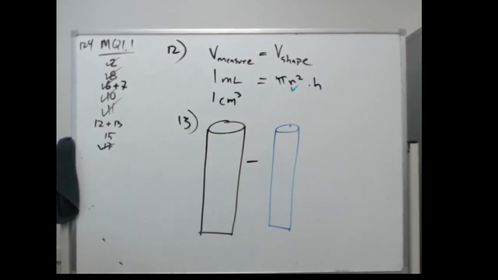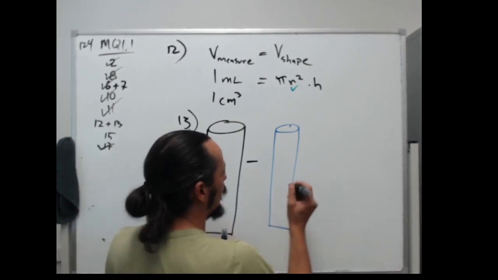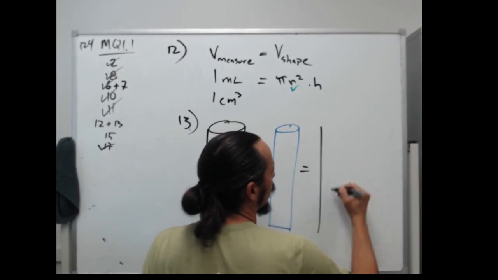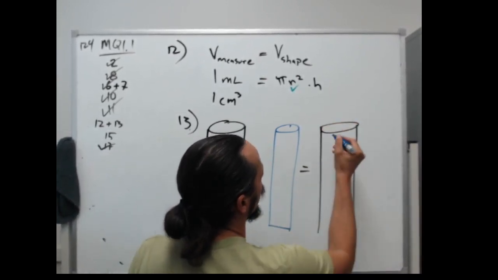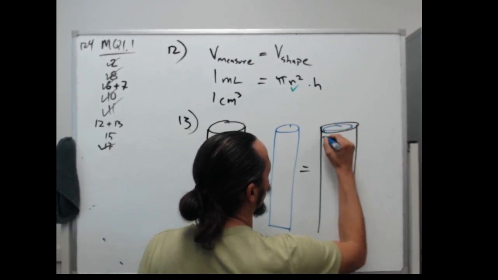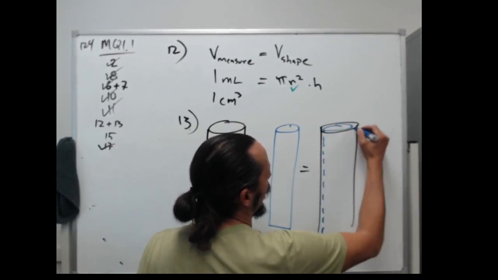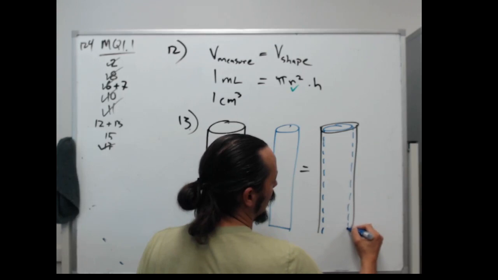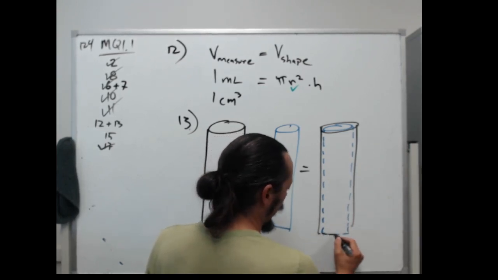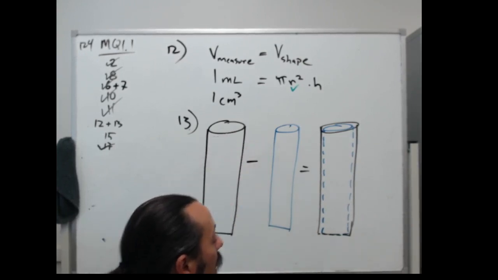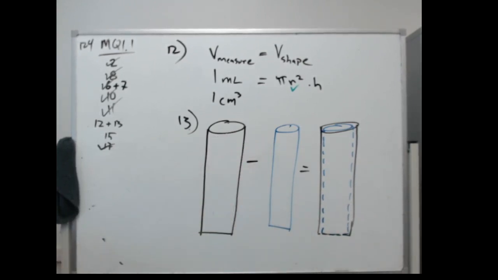You subtract those two, and that's going to give you your tube. At that point, you can find your volume of glass, multiply by density, and that gives you your mass of glass.